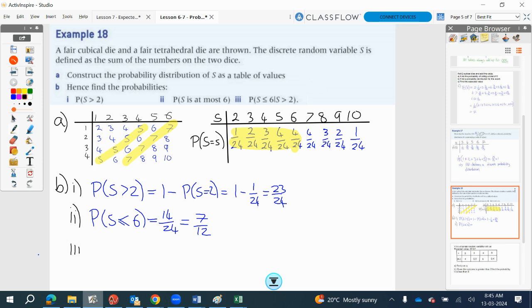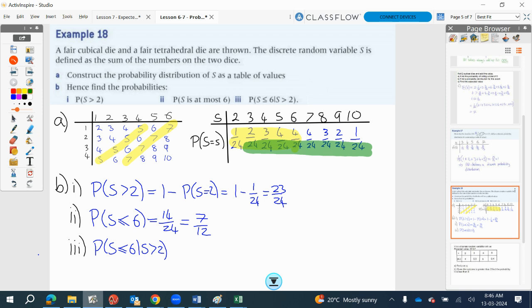And then 3. We've got the probability that S is less than or equal to 6, given S is greater than 2. So there's a couple of ways we can do it. We want the probability that S is less than or equal to 6, but we already know S is greater than 2, so it's out of a total of these values. Where does it intersect?